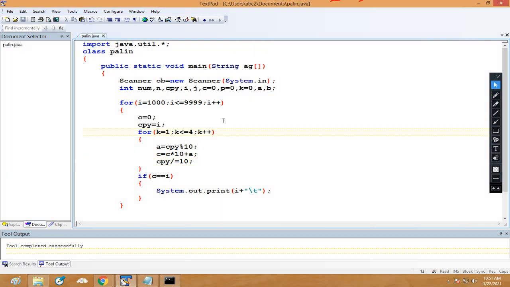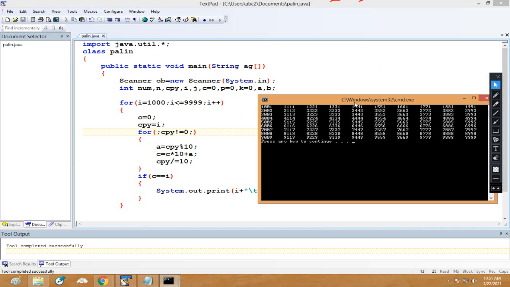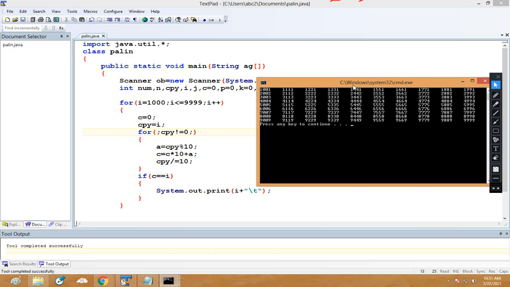Yes, sir. Let me show you. So this will also work and you will get the same output. Don't think that this is different and that is different. Both are the same thing. And we are working on the 4-digit number directly.